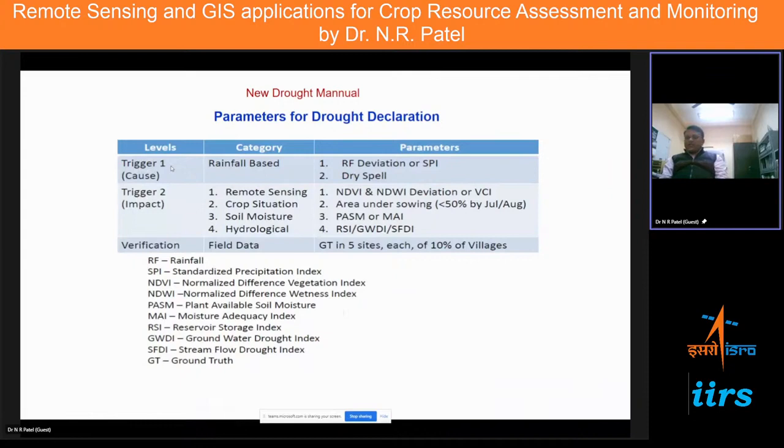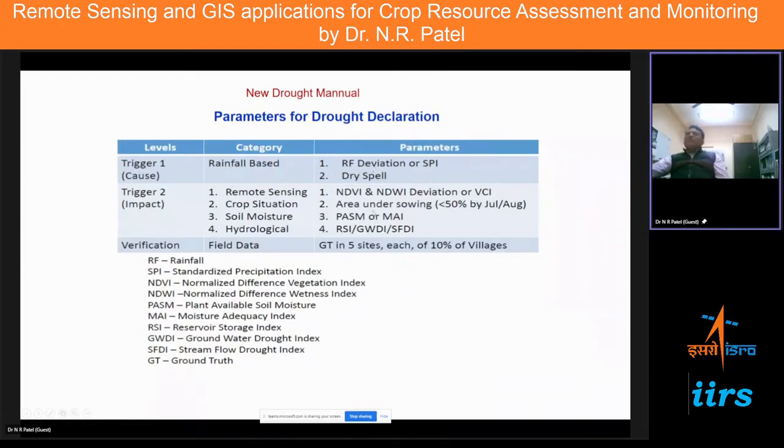Suppose we are doing it for August, then it is the standardized deviation of the accumulated rainfall of August and the previous 2 months in comparison to the normal. That is called SPI, the standardized precipitation index. So these are useful indicators for deriving whether a drought is there or not.